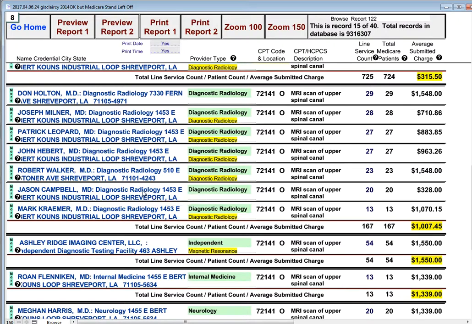He simply reads them and charges his fee. And then you have a situation such as Dr. Kramer, where he may be a part owner in a diagnostic clinic, and that clinic will bill the entire charge, but he also may do reading for other individuals where he only bills his professional charge. And then once you average them out, it's $1,070.